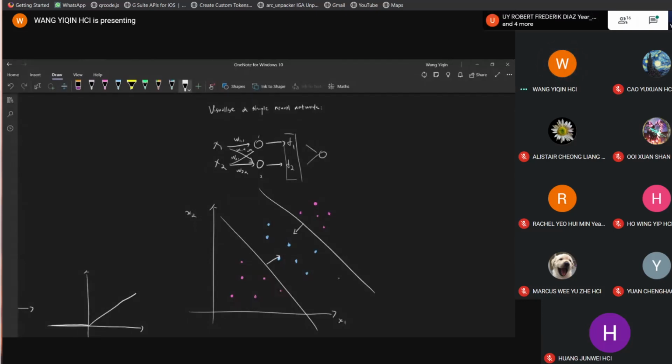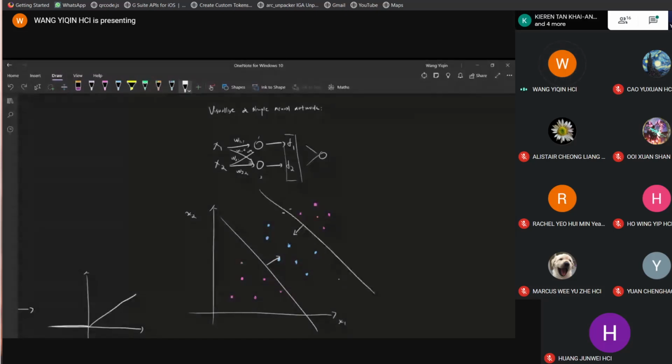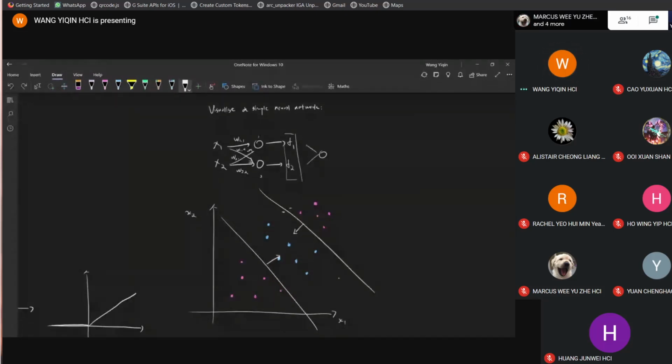transitions from positive to negative. Instead, it process if you put your sigmoid advantage, right? So it's essentially for this decision boundary of a positive value, and slowly transitions into a negative value.